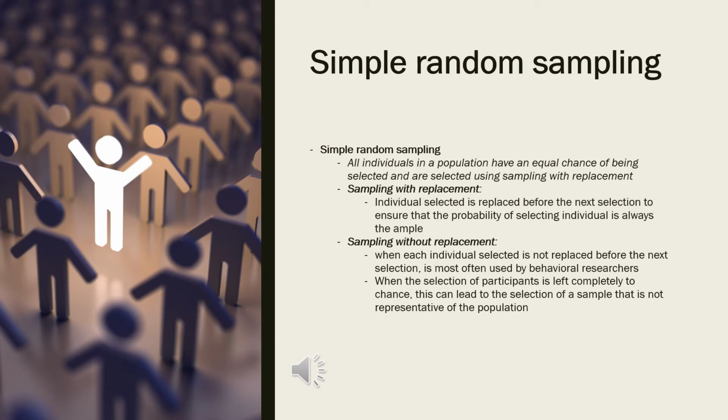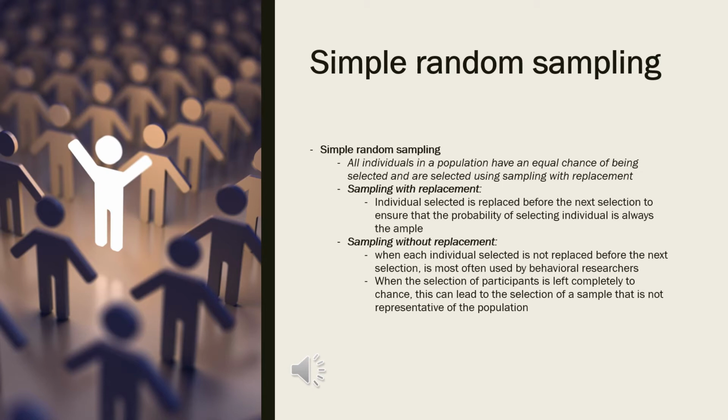We mix them up. The researcher picks a name from the bowl, records the information to include that person in the sample, but now that name gets put back into the fish bowl, mixes up the names, and selects another piece of paper. The person that was just sampled has the same chance of being selected again. This is known as sampling with replacement.